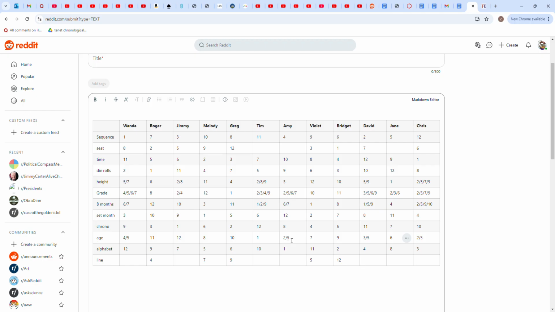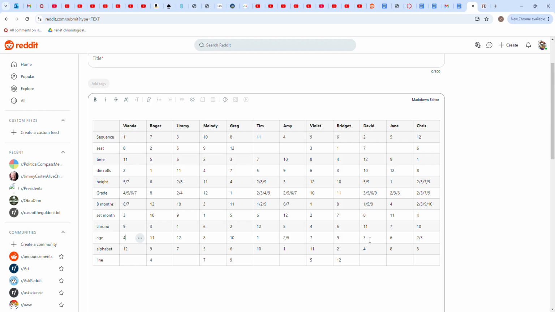Amy is either 2 or 5. Chris is either 2 or 5. That tells us that 2 and 5 are locked down in these 2 positions. And that tells us that we can eliminate 5 from David's possibility. In other words, David is the 3rd youngest. We can also eliminate 5 from this possibility here.